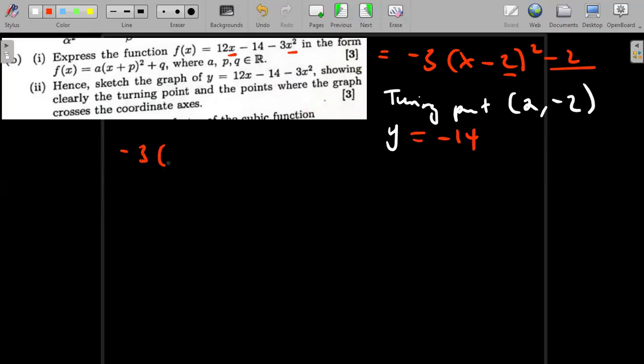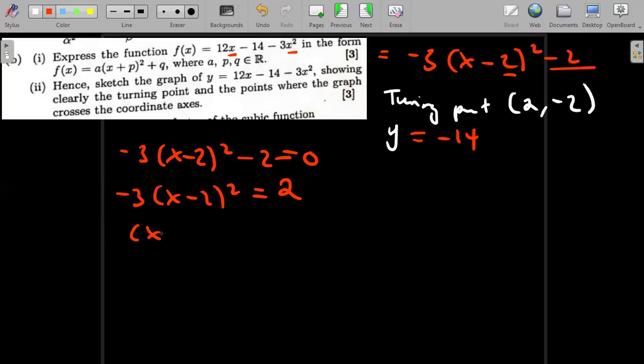So you have (x minus 2) squared, then minus 2, like this. You just have to equate this to 0. Then you have negative 3. Then (x minus 2) squared is equal to, so 2 goes the other side, and here you can divide by this negative 3, and you just get (x minus 2) squared equal to negative 2 over 3.